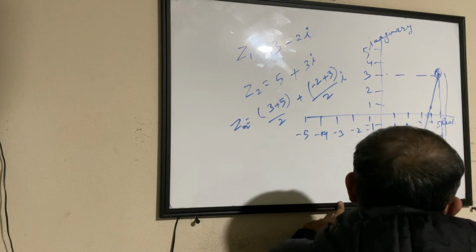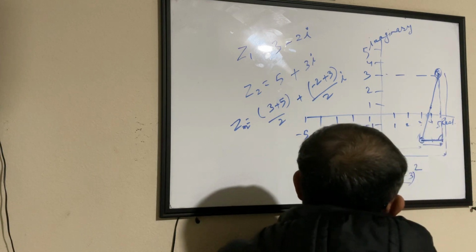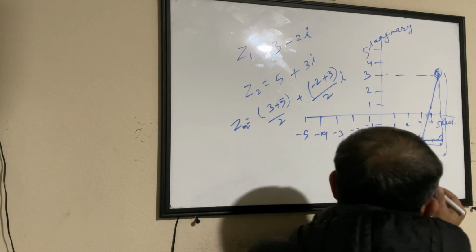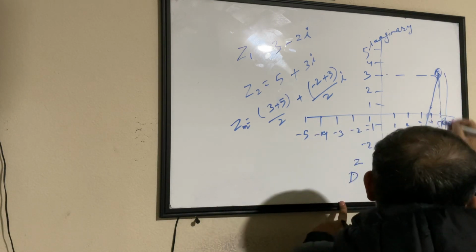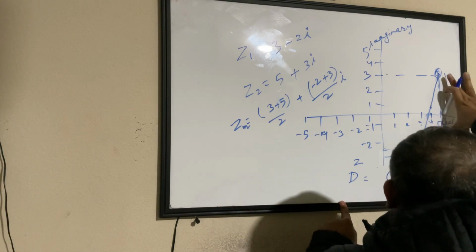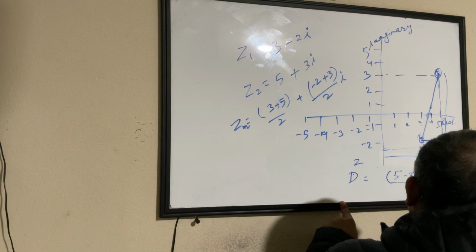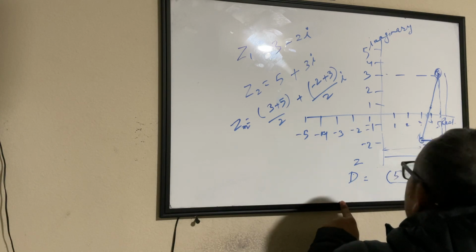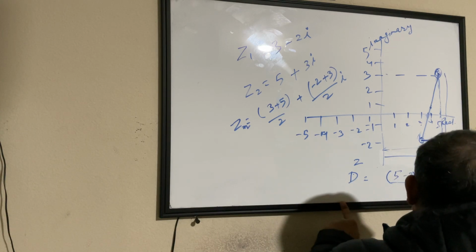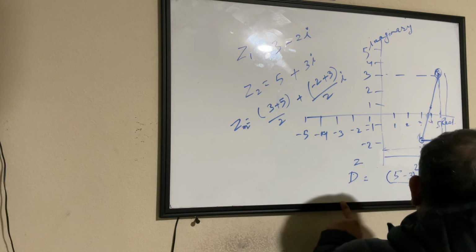Your distance square will be 5 minus 3 square, and this one, which is total 5i, so it will be 3 plus 2i square.